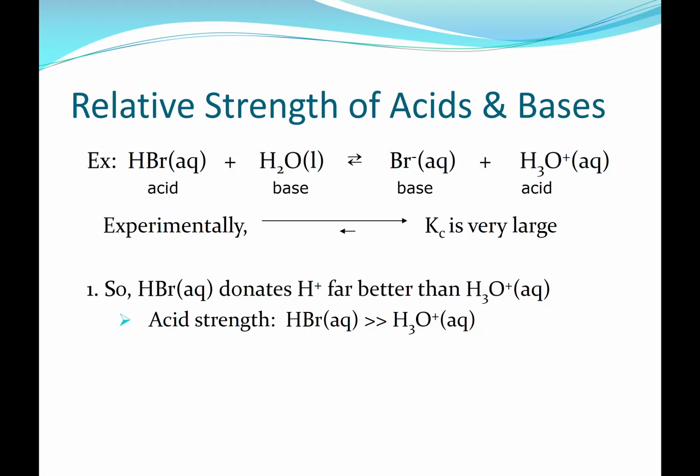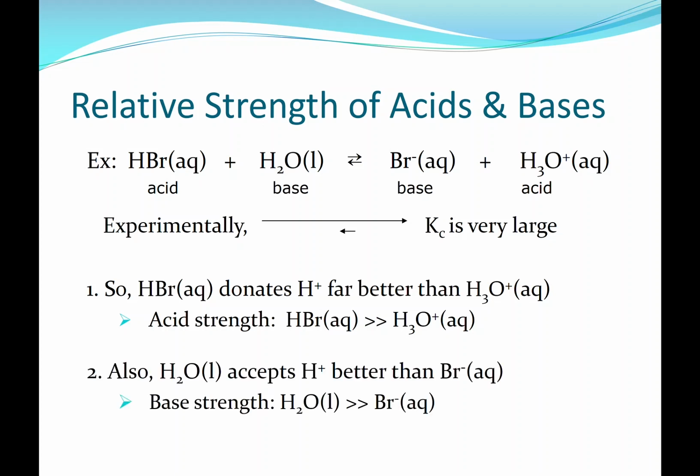I've used much greater than symbols here because it is significantly better, because this is almost entirely on the product side. The other thing this tells us is about the base strength. If we look at our two bases here, water is much better at accepting a proton than Br minus is.